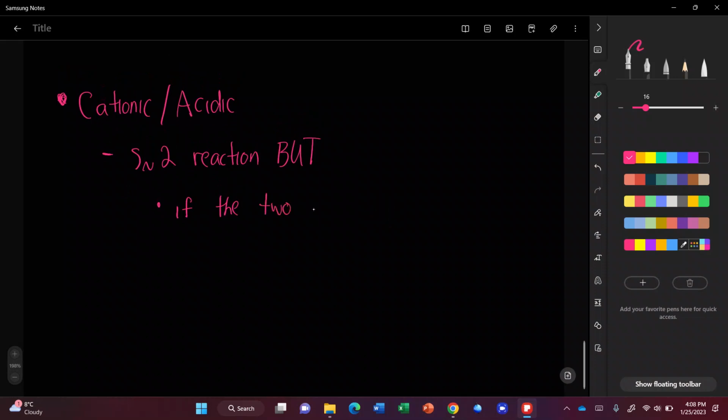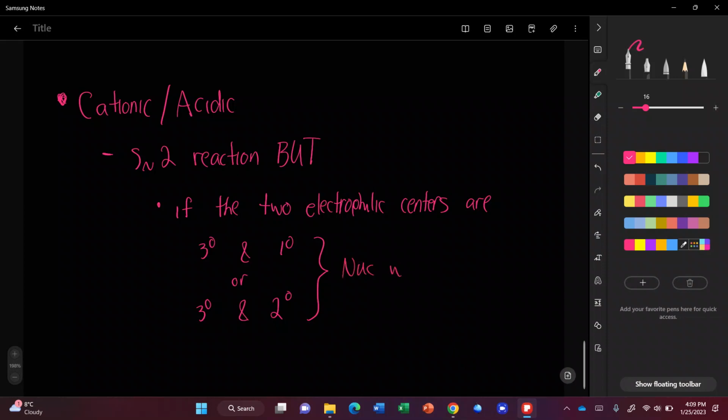So if the two electrophilic centers are tertiary and primary, or tertiary and secondary, meaning as long as you have a tertiary center on there, the nucleophile will attack the more substituted.